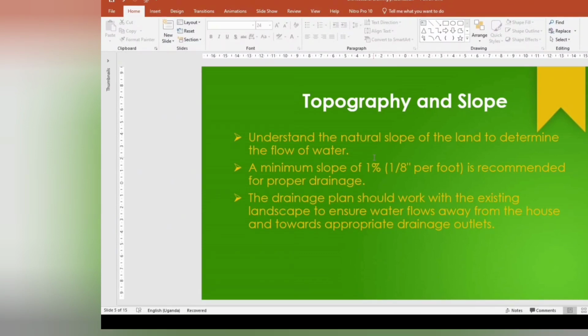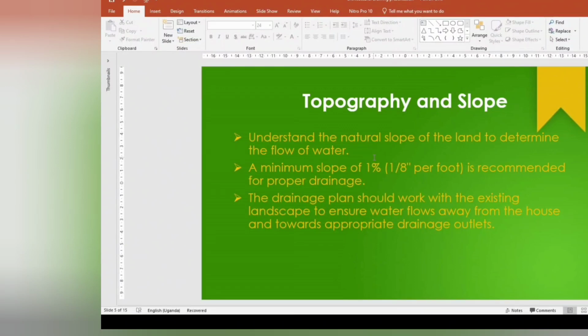You have to study the slope and the topography of the site. After studying that, it is going to help you to ensure that water flows away from the house and towards appropriate drainage outlets.